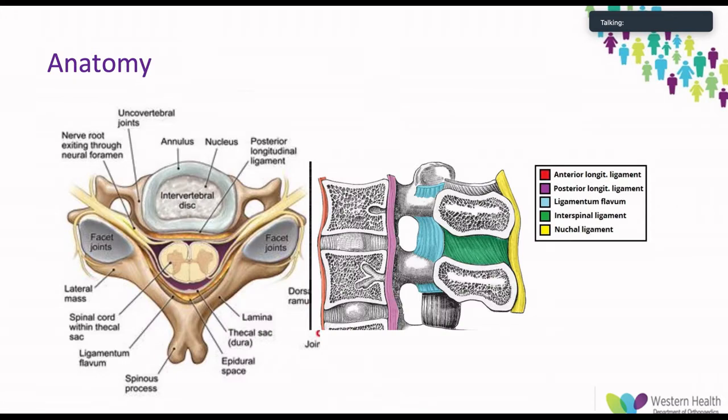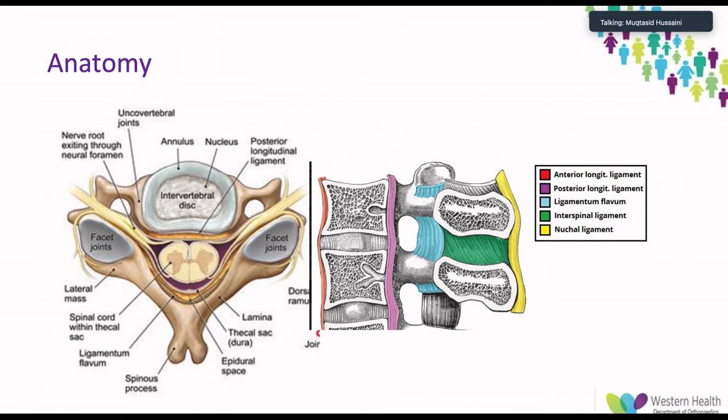So just to briefly go through some of the relevant anatomy. On the left here, we've got an axial transection of the cervical spine. Moving from anterior to posterior, we've got the anterior longitudinal ligament, which isn't labelled on this left-hand image. Posterior to that, you've got the intervertebral disc or the vertebral body, depending on the level that you're at.